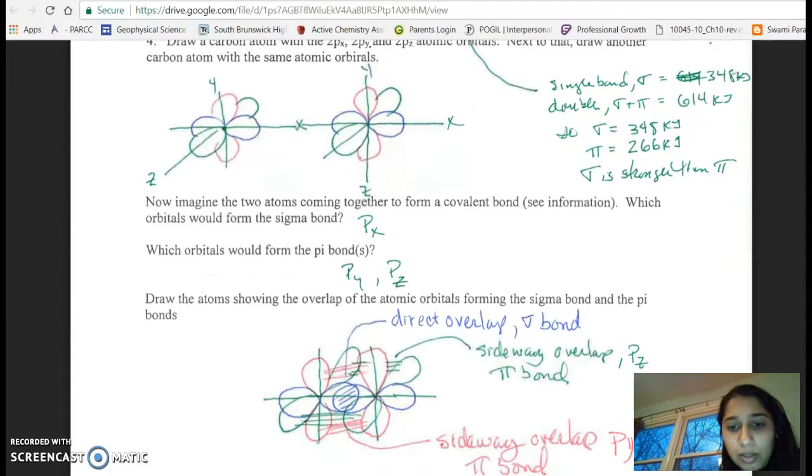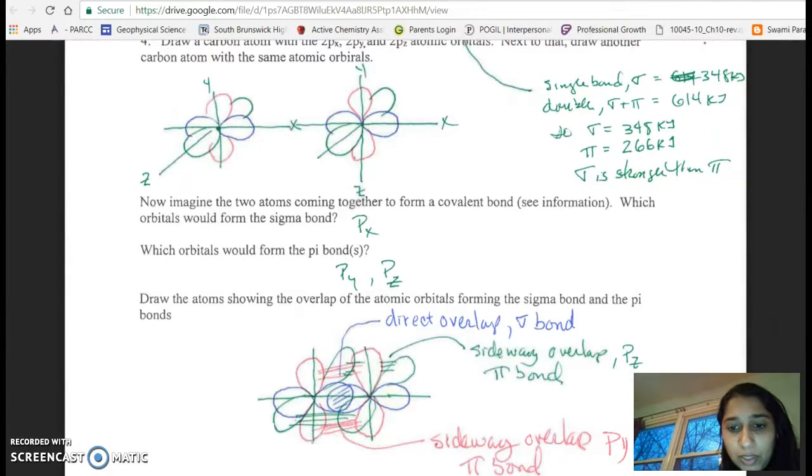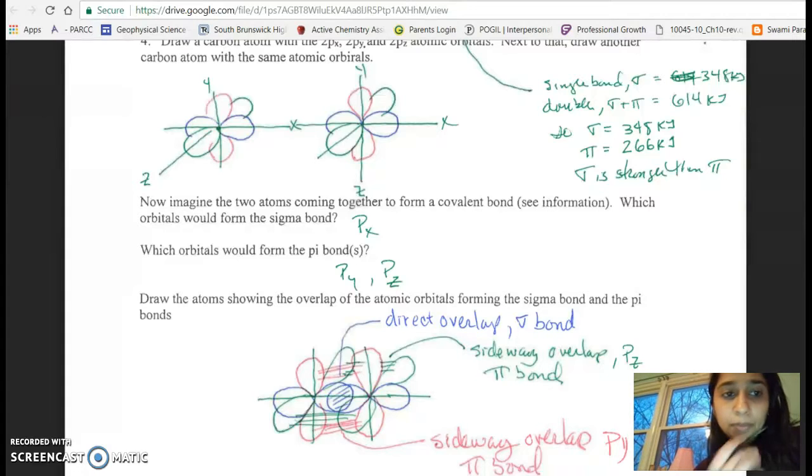Direct overlap is your sigma bond. Sideways overlap, the greens and reds, are your pi bonds. And this is what you want to draw. Just remember to show that. All right.